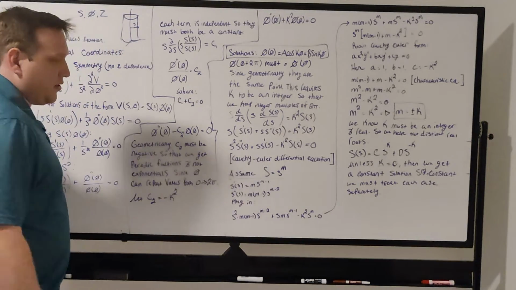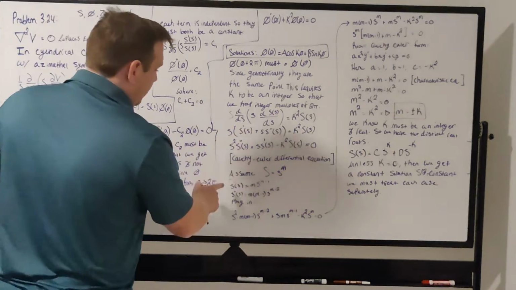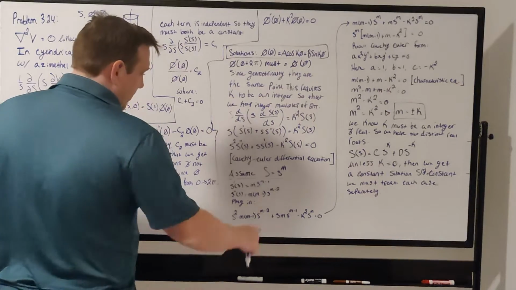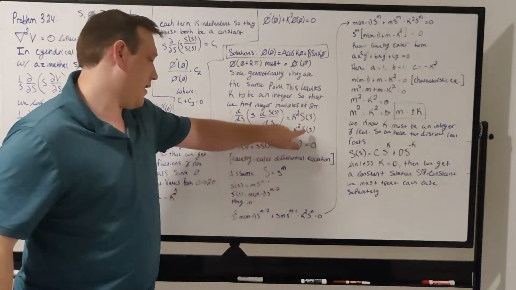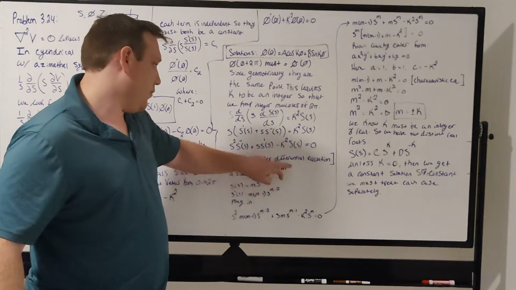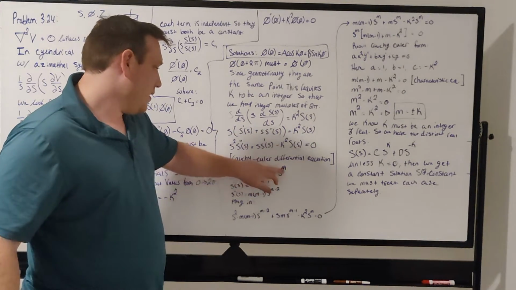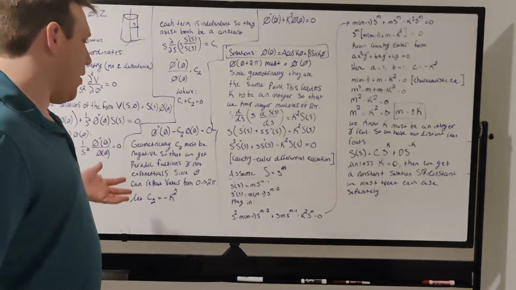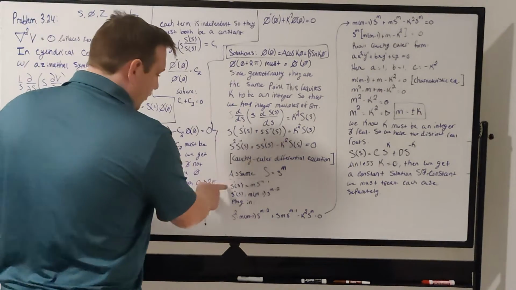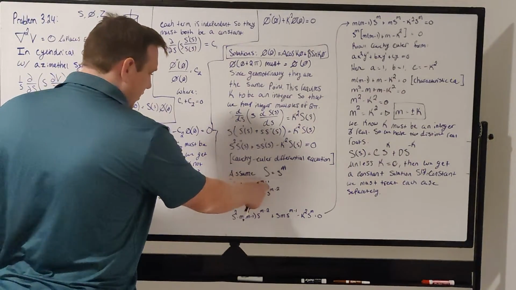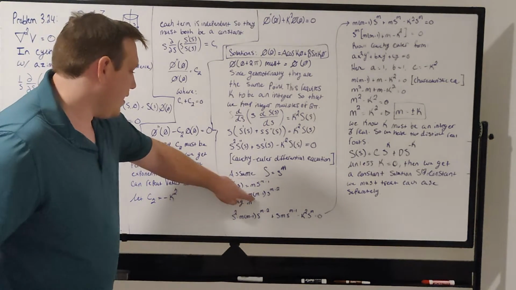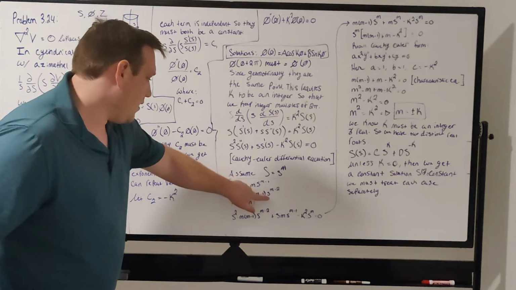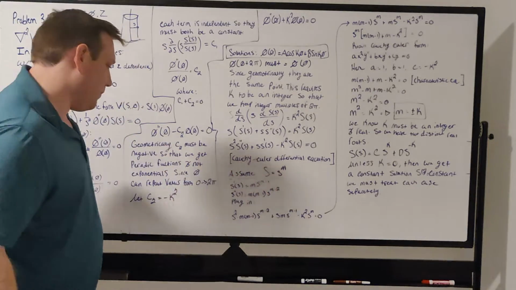The way to solve a Cauchy-Euler differential equation is to assume that the function is of this form. So our function capital S is equal to the independent variable s to the m power. If you take the first derivative, we get m times s to the m minus 1. Then take another derivative, we get m times m minus 1 times s to the m minus 2.